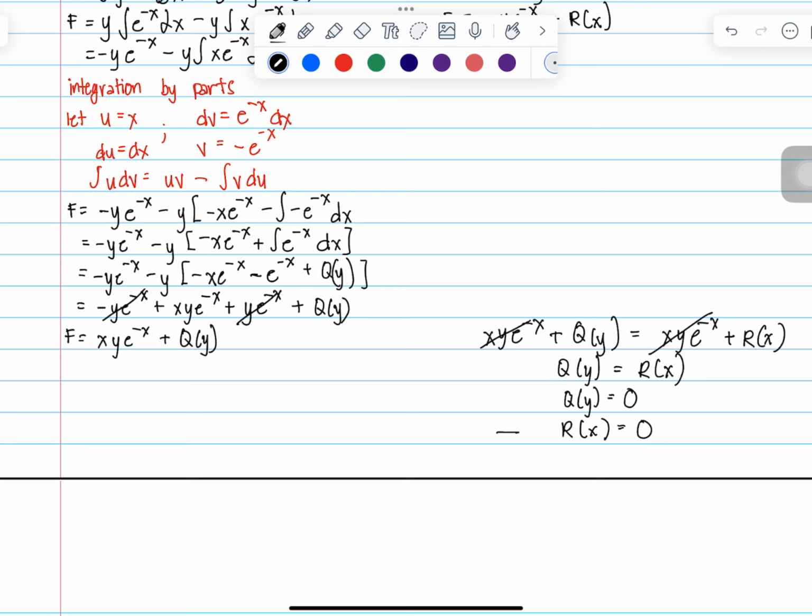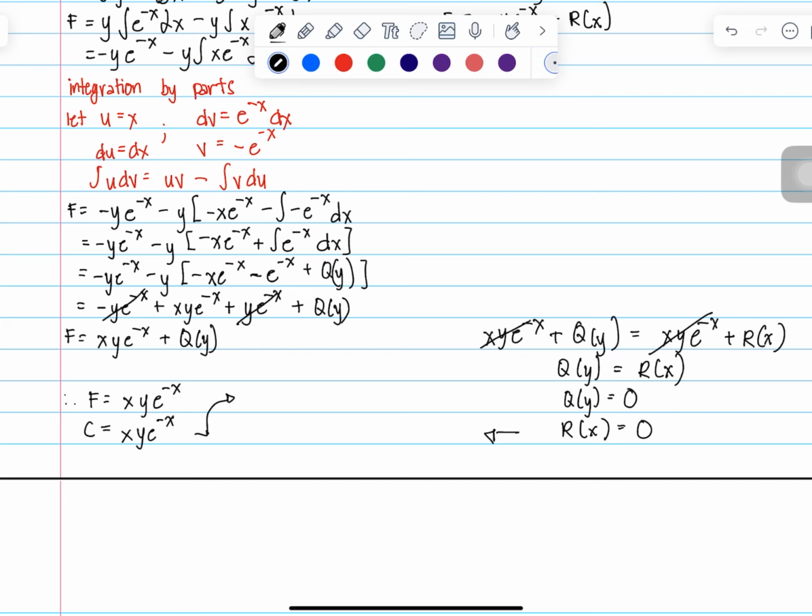Therefore, what is the solution? So that is basically f is equal to x y e to the negative x. So that our f is actually c. Okay, let's not forget the constant. So let's simplify a little bit more.